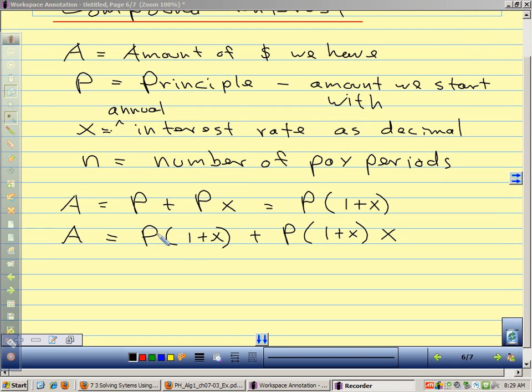And now I'm going to factor out the P times 1 plus X. That's common to both terms. That's P times 1 plus X times 1 plus X. I'm just factoring out this factor of P times 1 plus X. And that is P times 1 plus X squared.